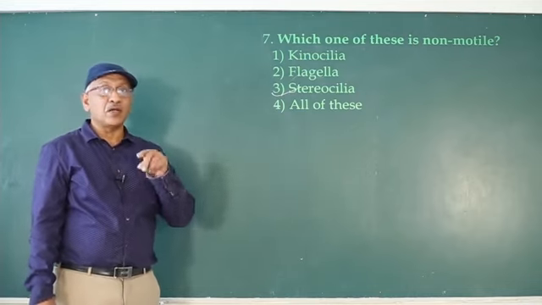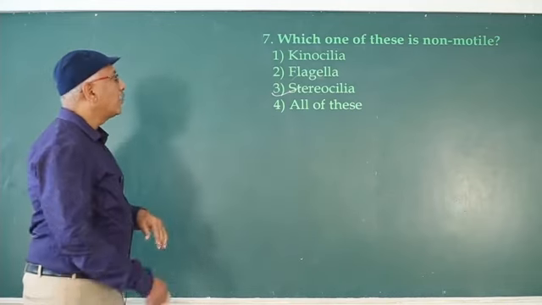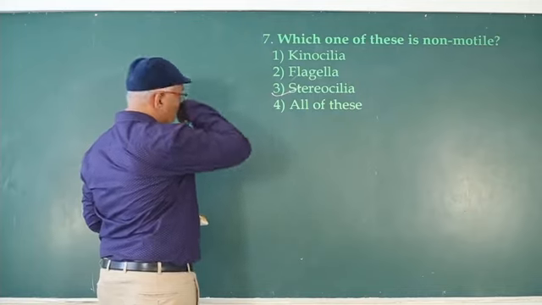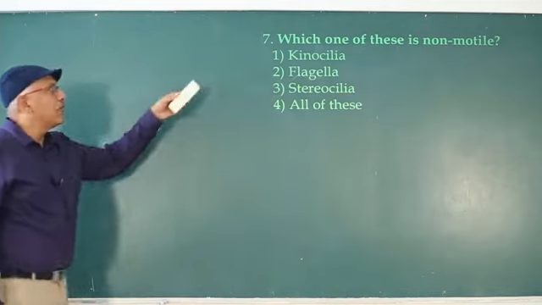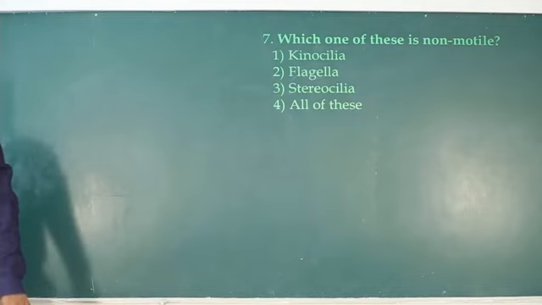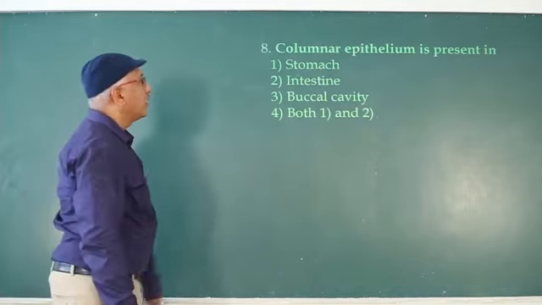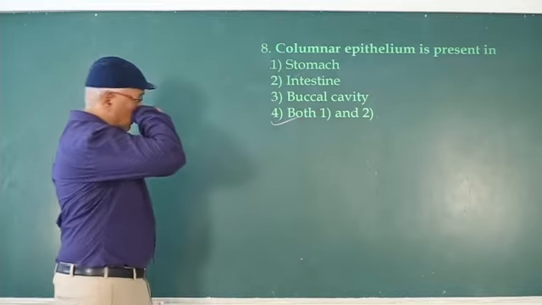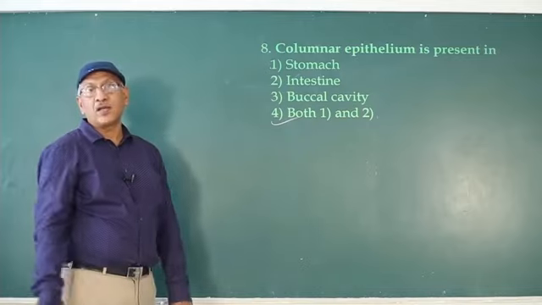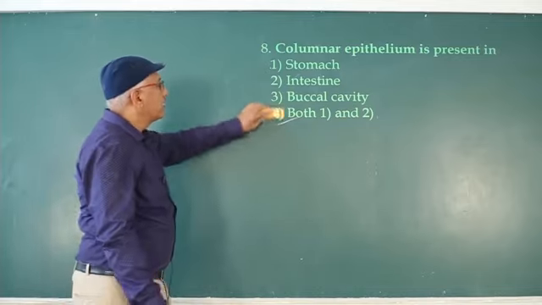In the epididymis also stereocilia are present. So the non-motile structure is stereocilia. The remaining exhibit movement. Non-ciliated columnar epithelium is present in the stomach and intestine.